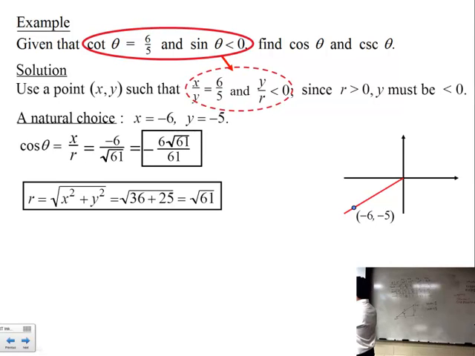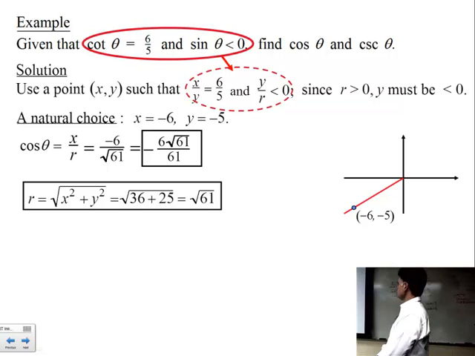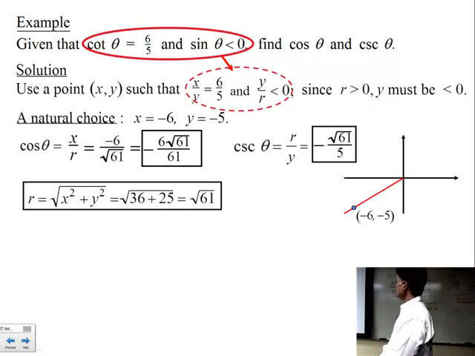So now we can write down cosine of theta is x over r, which is minus 6 over root 61, or if you like, minus 6 root 61 over 61. Okay. Cosecant of theta is r over y. Plug that in. So it's root 61 over negative 5.